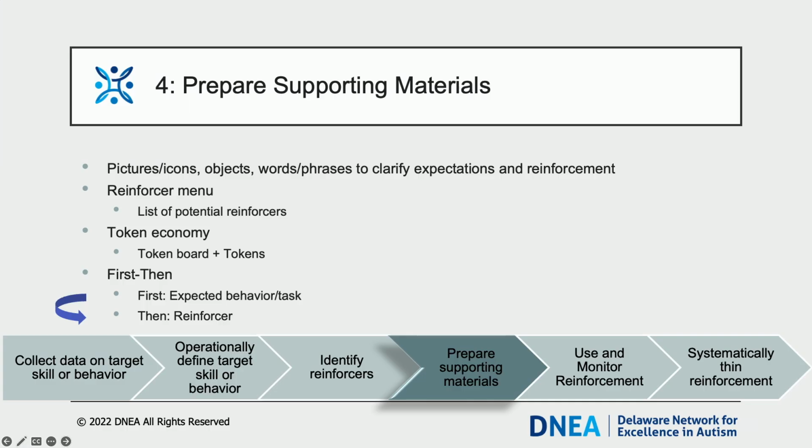While visual supports aren't always necessary, they can help make things more clear and increase how quickly a skill is acquired. Reinforcer menus are also helpful to present options of reinforcers that a student can choose from prior to an activity. The menus can be pictures or icons, words or phrases, or even objects.